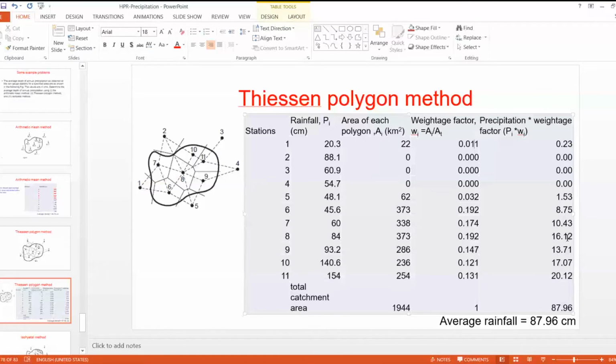Because we are adding the weighted rainfalls of each and every polygon, we'll get the average precipitation of the total catchment area. So here, by the Thiessen polygon method, the average rainfall is calculated as 87.96 centimeters.